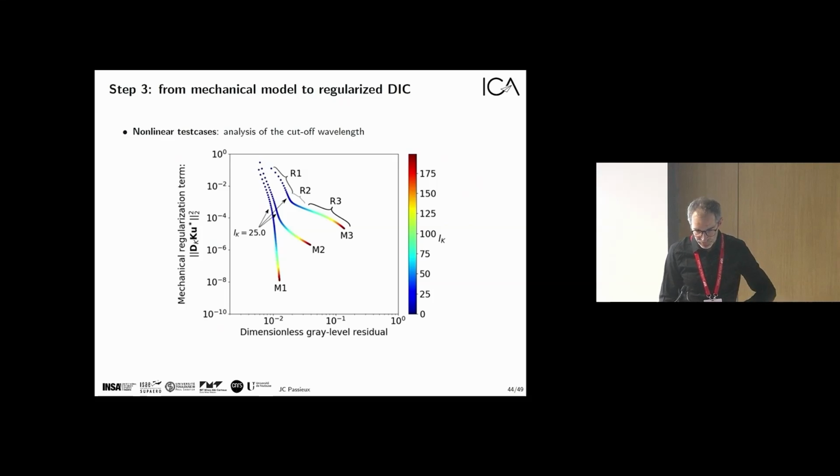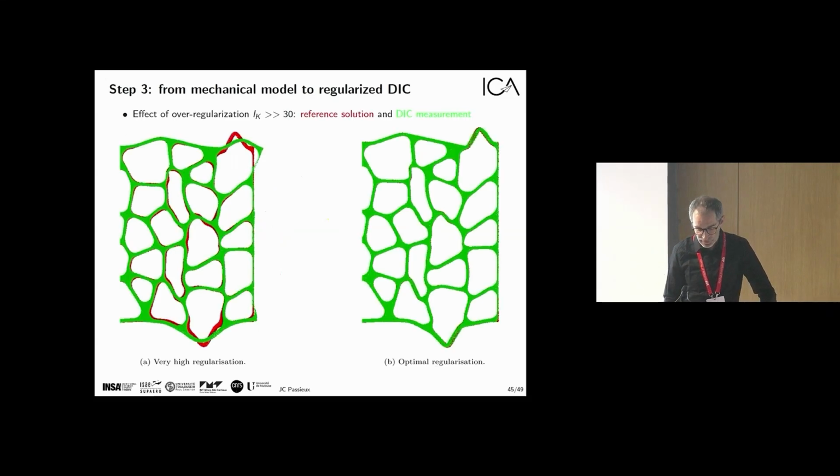I won't go further into detail on this, but the lambda, we have techniques to estimate it, to estimate the good wavelengths for regularization. And what I just wanted to show is that if you use a too large regularization length, then you become more in a strong regularization, so you force your displacement to be actually elastic, whereas it's not the case.